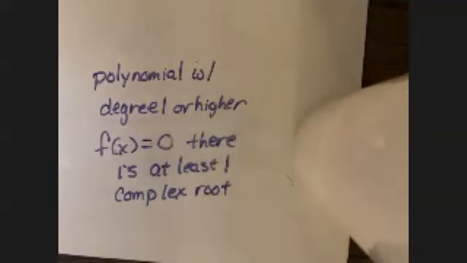Now, basically what that says is, degree 1 is a line. If I take the equation of a line, so 3x plus 7, and I set it equal to 0, I can solve that for x.